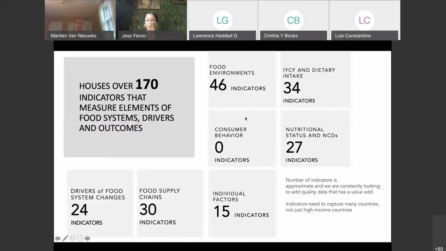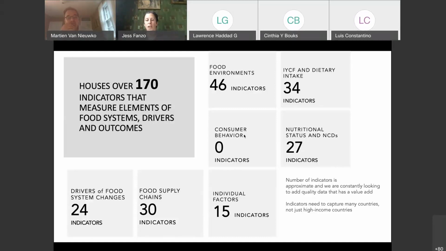You'll note we have no indicators on consumer behavior. Now, there's indicators on consumer behavior out there, but what we wanted to do was capture indicators that represent most countries in the world. When you look at a lot of the consumer behavior indicators, they're really for the United States or the UK or a couple of select high-income countries.